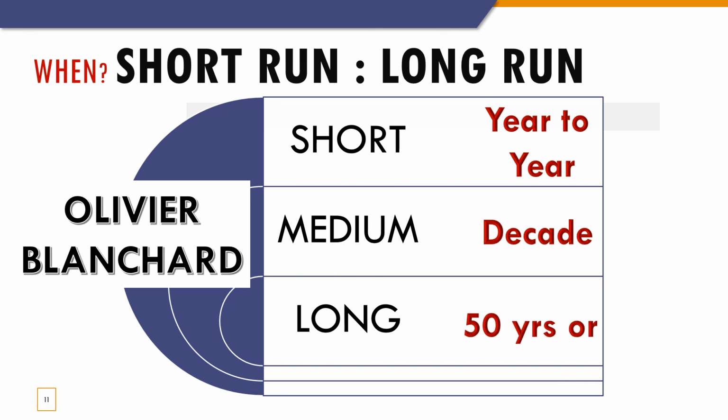And for long term, we have 50 years or more. This time interval will be important for us to be able to differentiate the macroeconomic problems and industry challenges based on the different models that we're going to use in valuation.